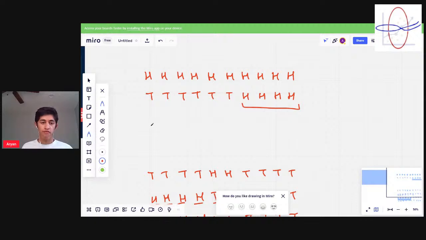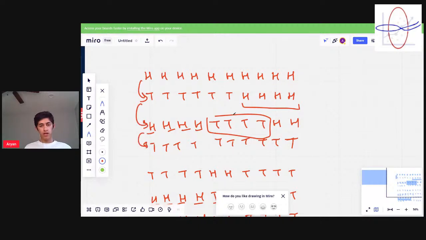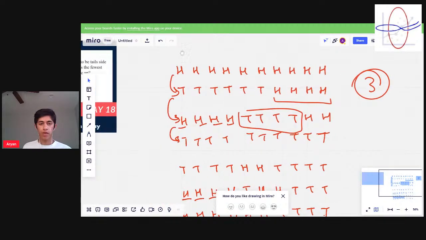So that means we'll have 4 tails that become heads. 2 of the heads become tails, and then we remain with 2 heads. And now you'll see I have 4 tails right here, and I have 6 heads. So I could just change these all into tails, and I'd be done. And this actually only took 3 moves, right? First move right here, second move, and third move.